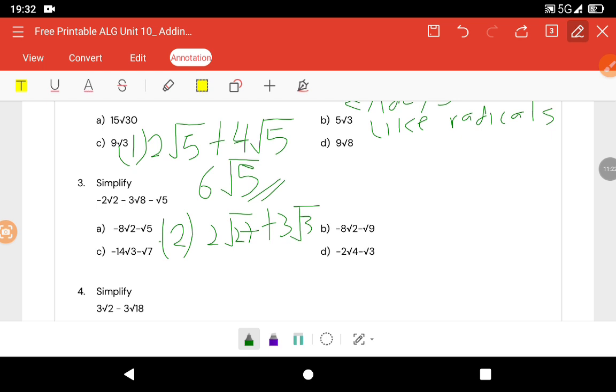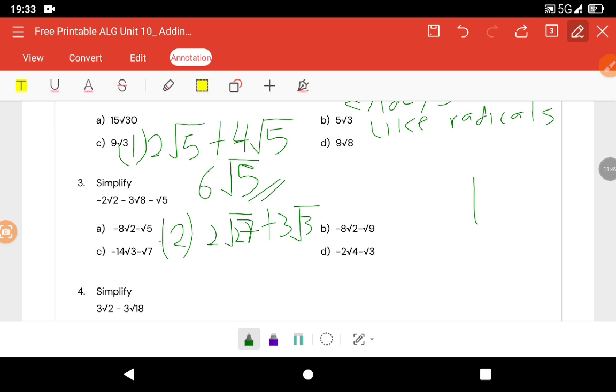So the first step is let's check if we're going to reduce any radical to its simplest form. I can say 2 root 27. 27 is a big number, and as I look at it, I know there's a perfect square that is a factor of 27, and the perfect square is 9.